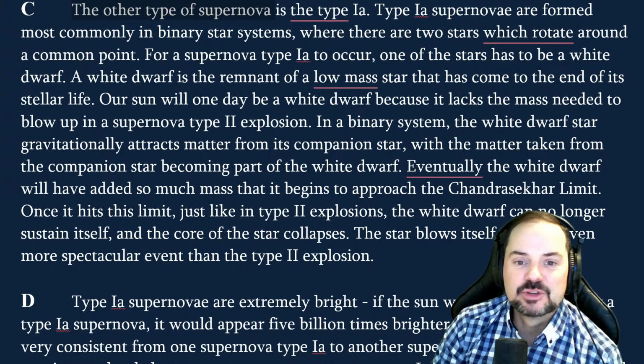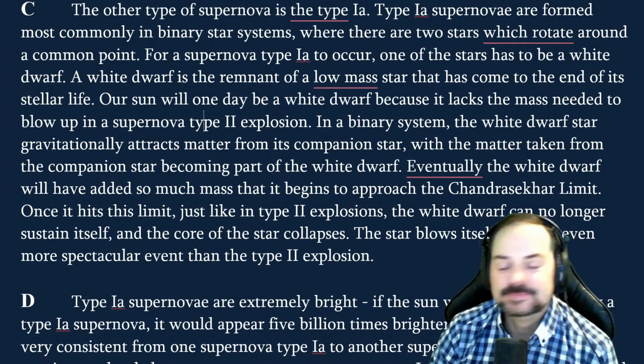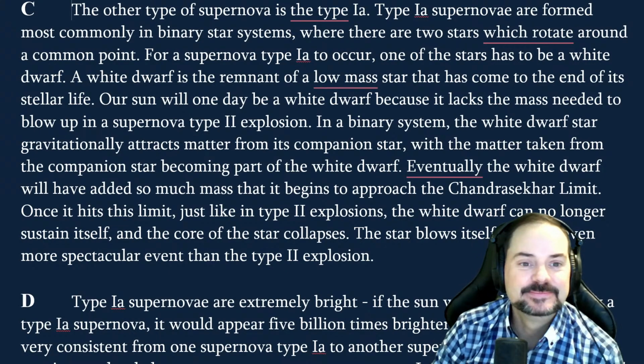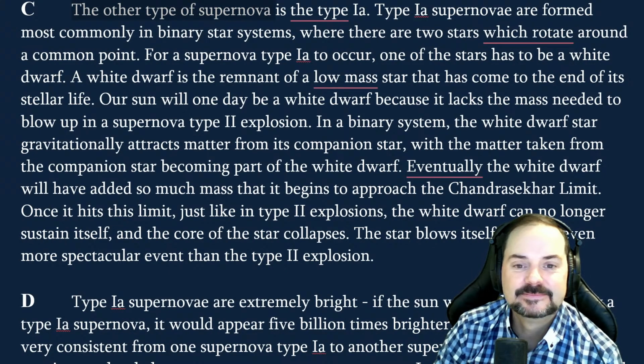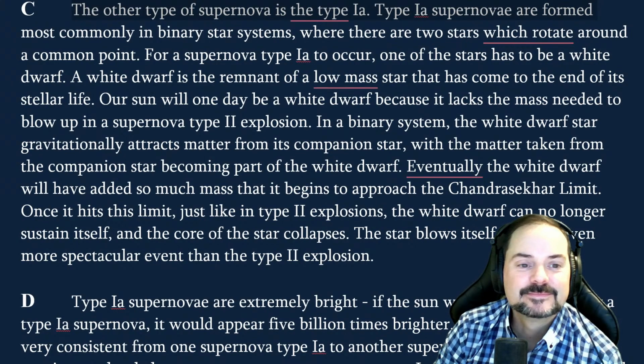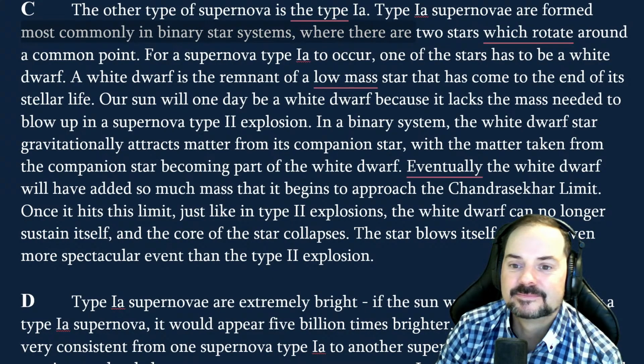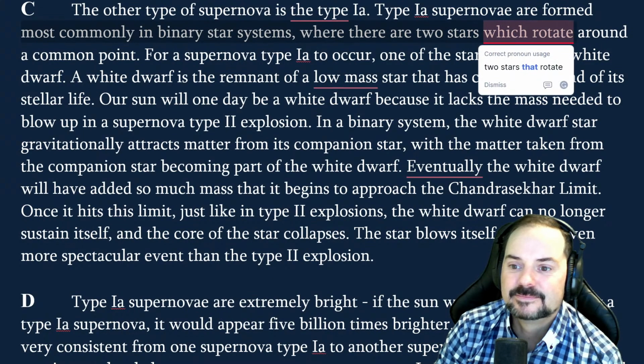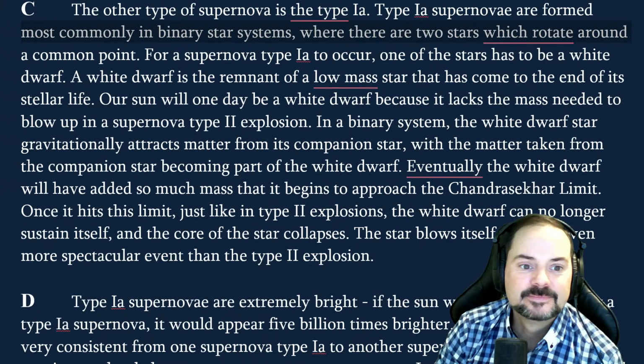The other type of supernova. The other type of supernova is the type 1A. Type 1A supernova are formed most commonly in binary star systems, where there are 2 stars which rotate around the common point.